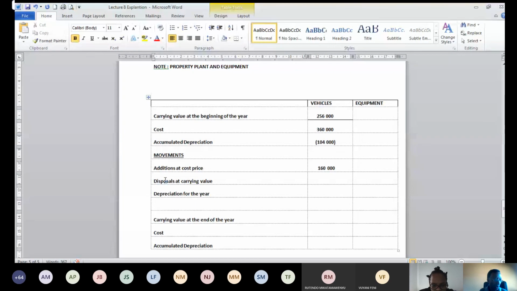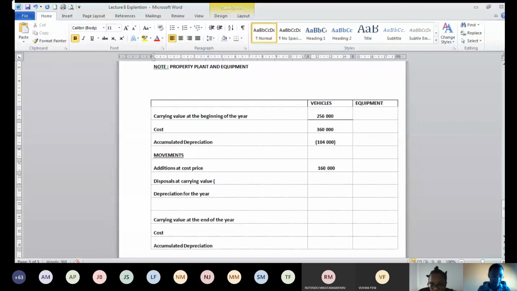And as you guys know, on the 1st of October, we sold an asset. So we had disposals. But we need to show our disposals now at the carrying value. We need to show what is the carrying value of the asset that we sold.